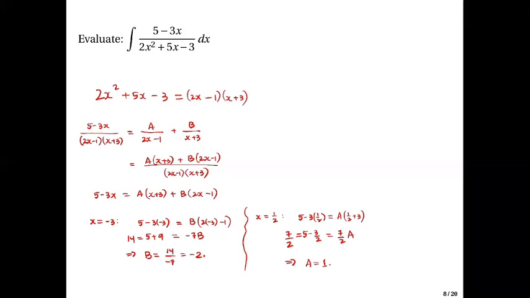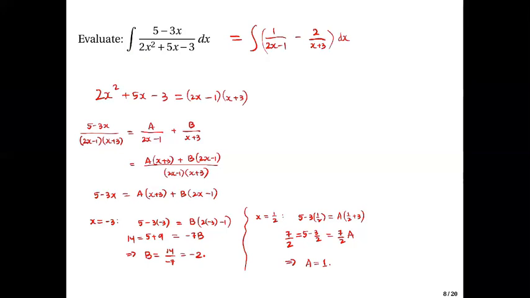Which means this integral here, we can rewrite as the integral of a, that's just 1, over 2x minus 1, plus b, that's minus 2, so I'll write minus 2 over x plus 3, and then you have the dx.